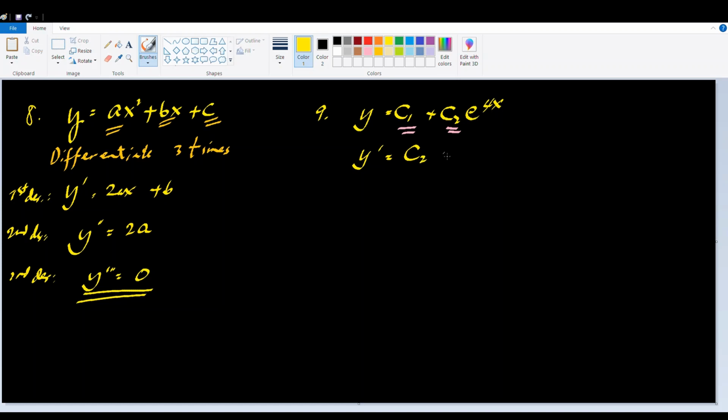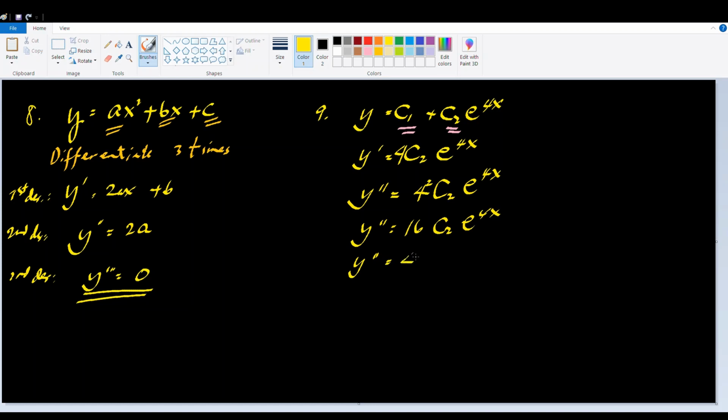The derivative of e to the 4x is e raised to 4x times 4. We are allowed to differentiate twice, so y double prime will be 4c2, and then the derivative again of e to the 4x is e to the 4x times 4. That is equivalent to 16 c2 e to the 4x.